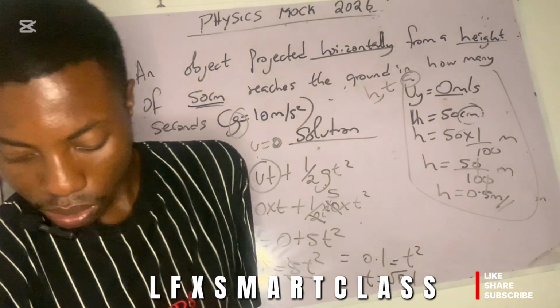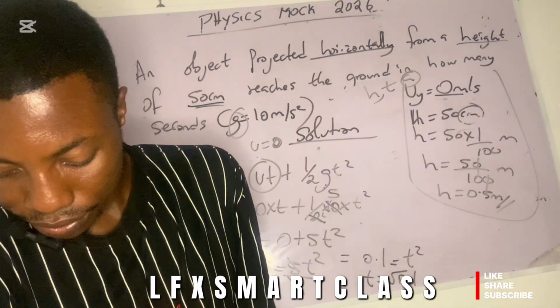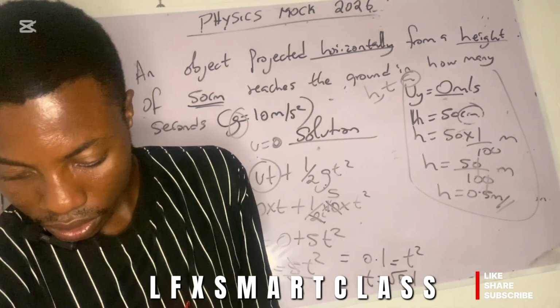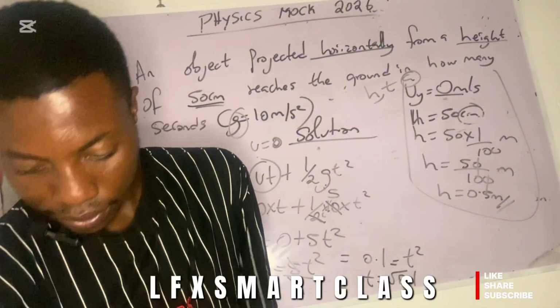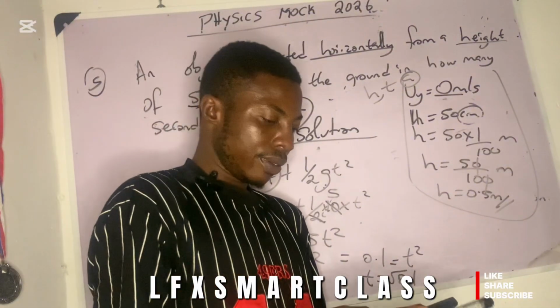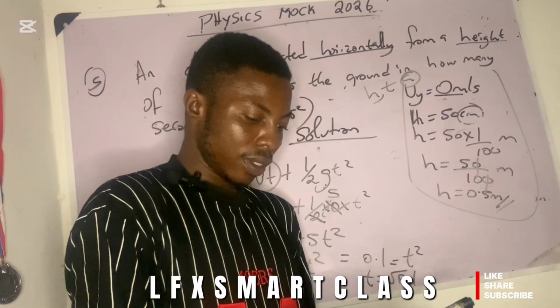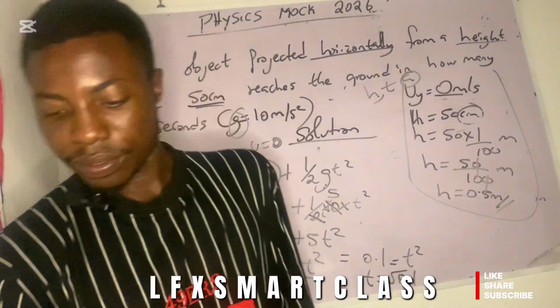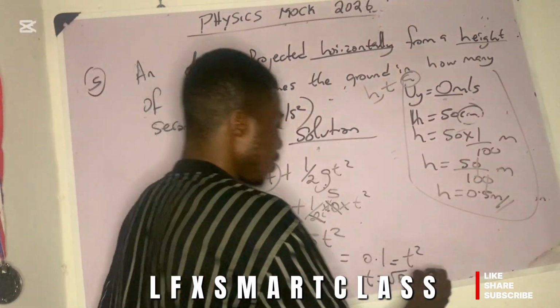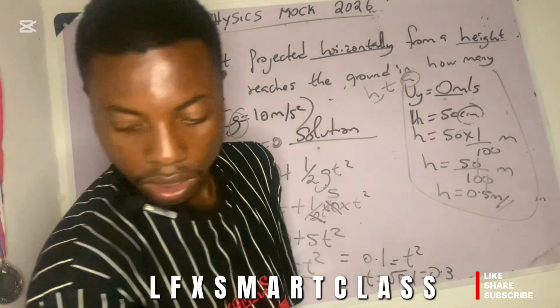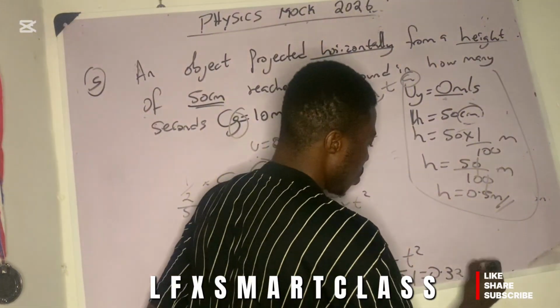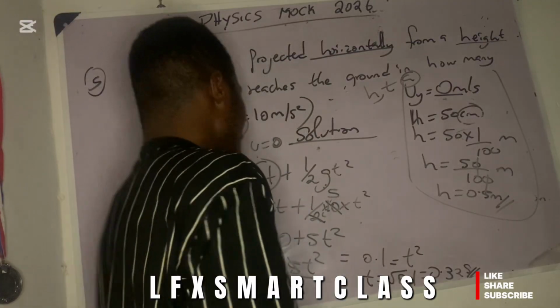So what is the square root of 0.1? That is going to give us 0.331 seconds.